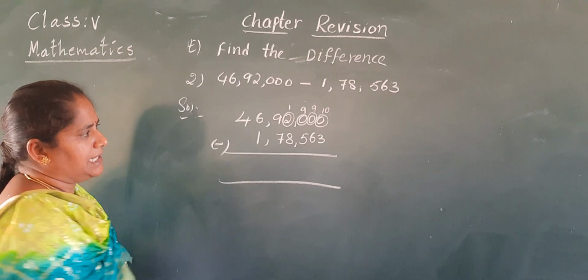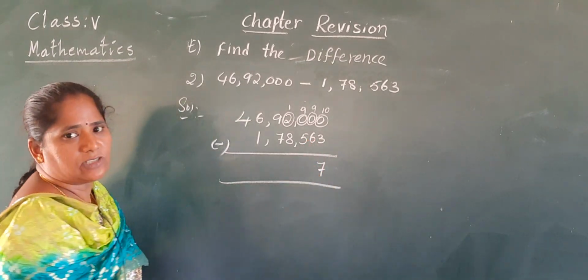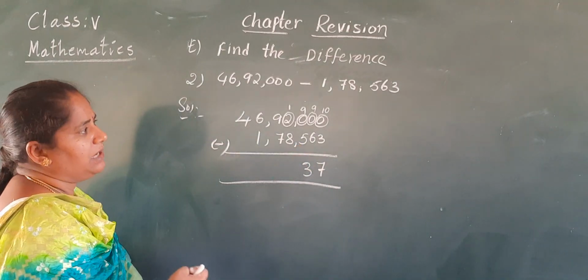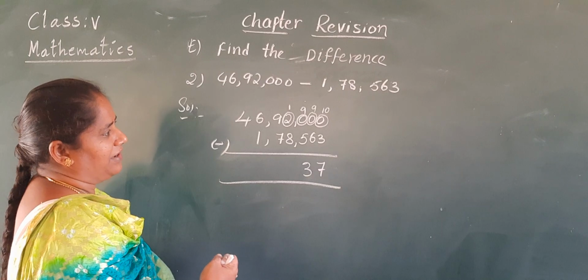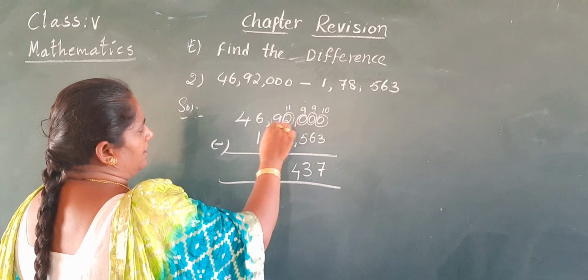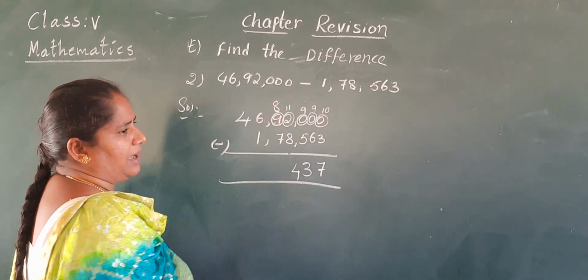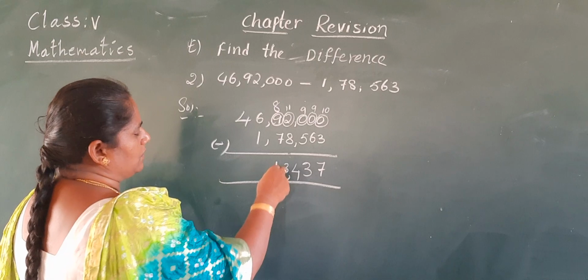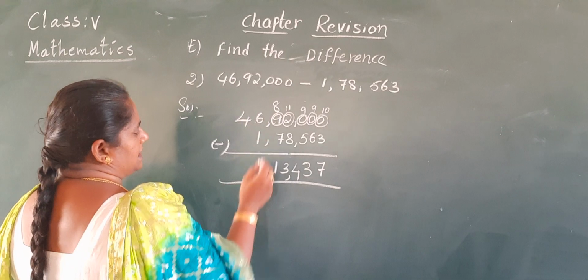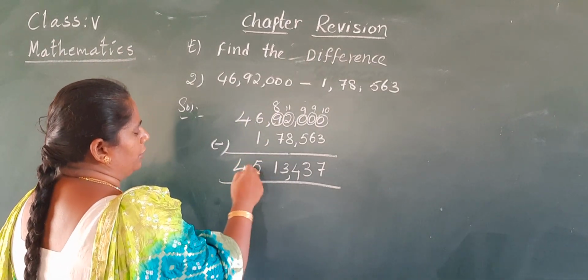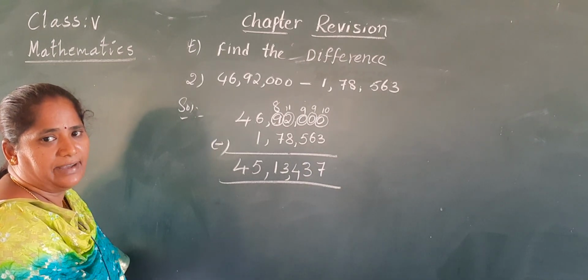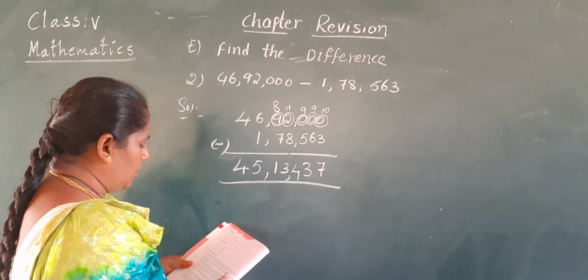So now 10 minus 3 is 7, 6 to 9, 6 after 7, 8, 9, 3, 5 to 9, 5 after 6, 7, 8, 9, 4. 8 is greater than 1, so take borrow, 11, 9 become 8, 8 to 11, 8 after 9, 10, 11, 3, 7 after 8. 6 minus 1, we get the number before, 6 before is 5 and 4, so it is 45 lakh 13,437. Okay ma? Note down in your classwork.